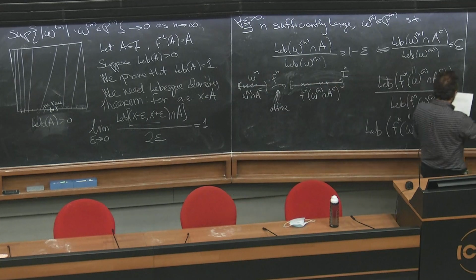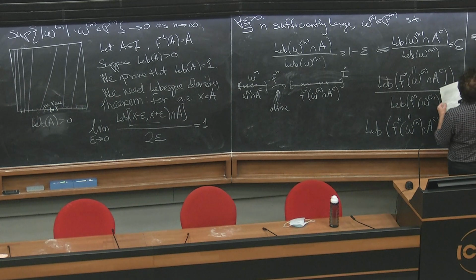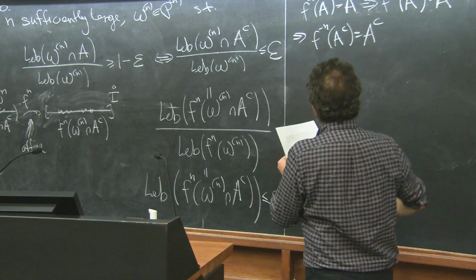Might as well write it. So remember that F minus 1 of A equals A implies that F minus 1 of the complement of A equals the complement of A. I remember we made that observation that AC is backward invariant. And this implies that, of course, F minus n of AC is also AC.